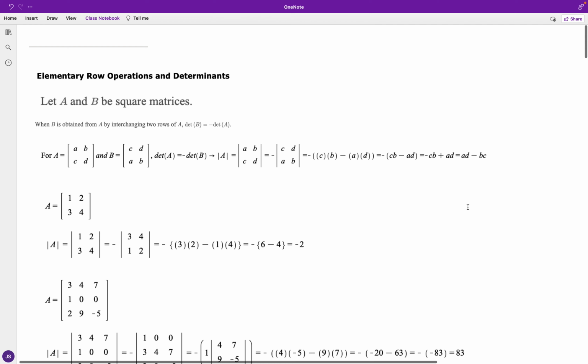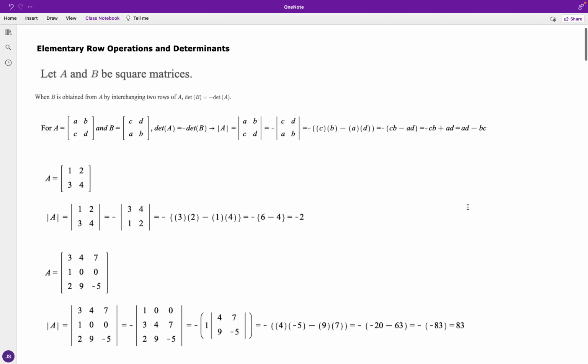And just looking at what we have regarding a given matrix A as a 2 by 2, we have A consisting of 1 and 2 at the top, 3 and 4 at the bottom. Again, the determinant would be 1 times 4 minus 3 times 2.